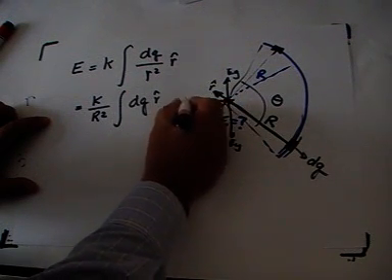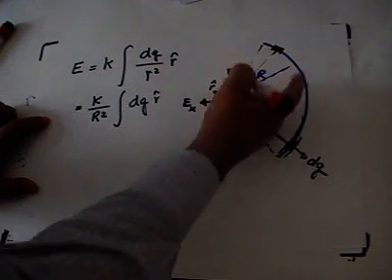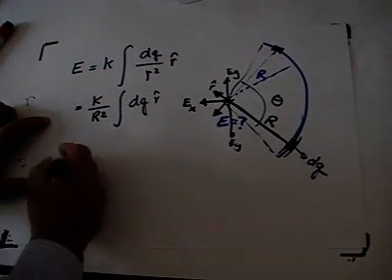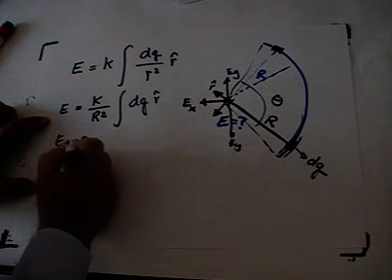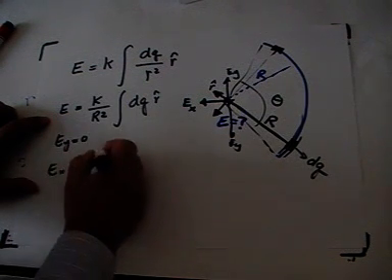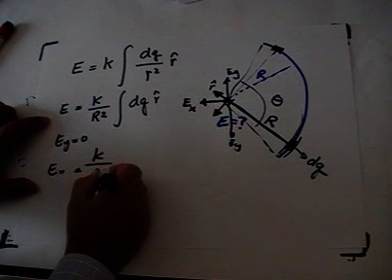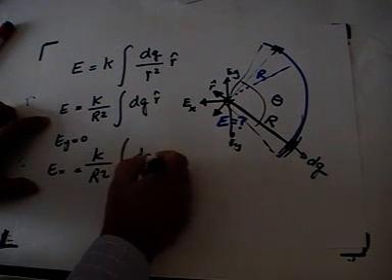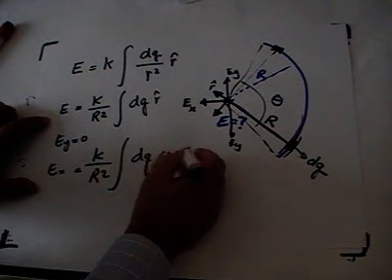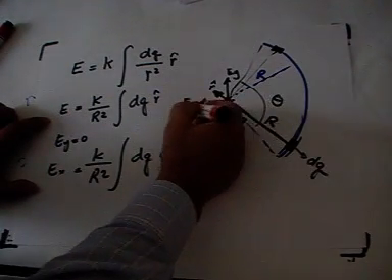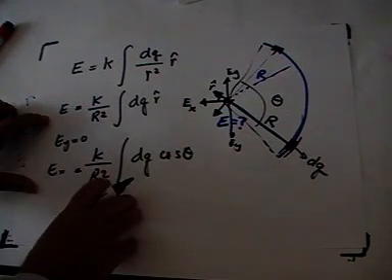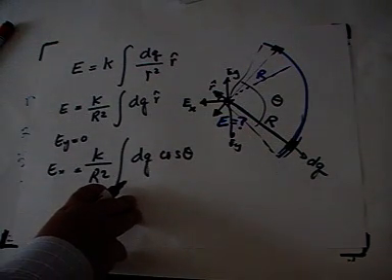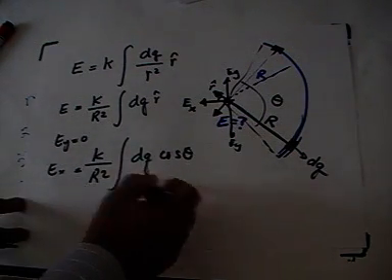So the electric field that I'm going to calculate due to this arc is simply Ex. So Ey will be equal to 0, and Ex will be equal to k over r squared dq cosine theta, because the x component, if I take this angle to be theta, is cosine theta. That's what I need to integrate.